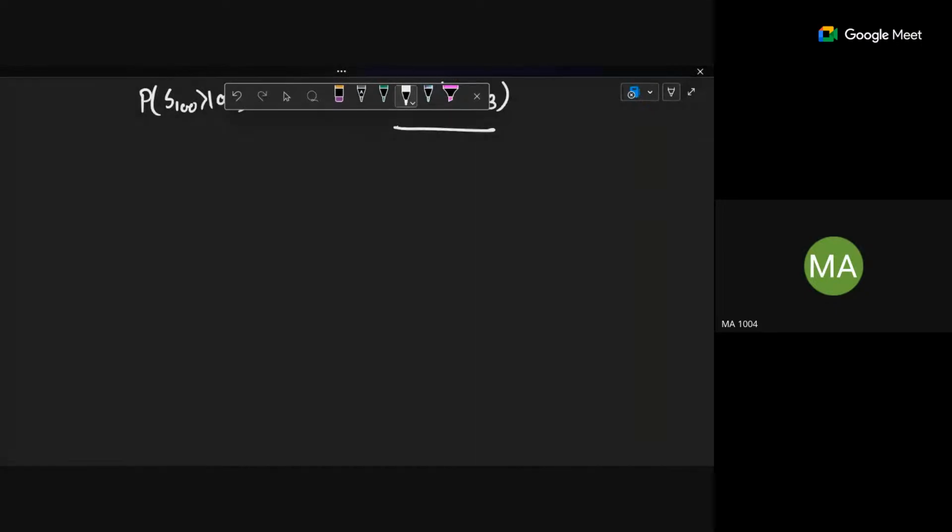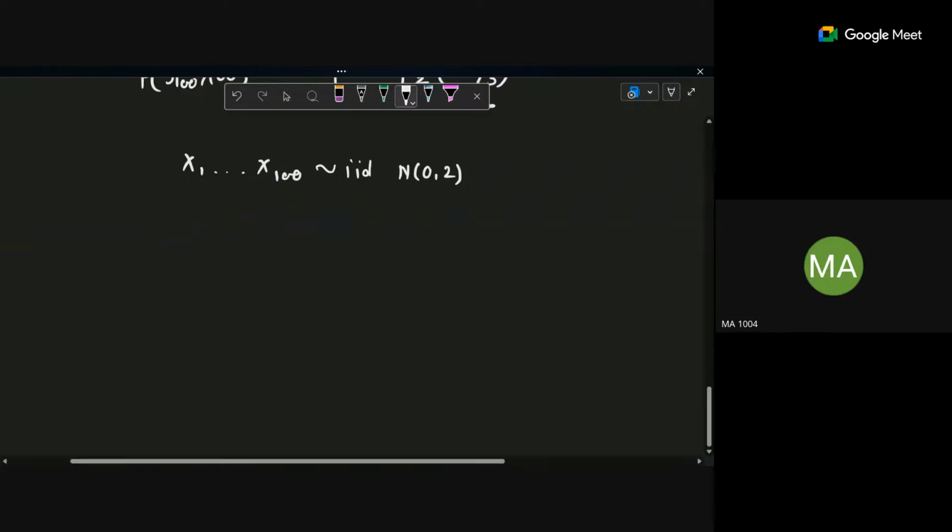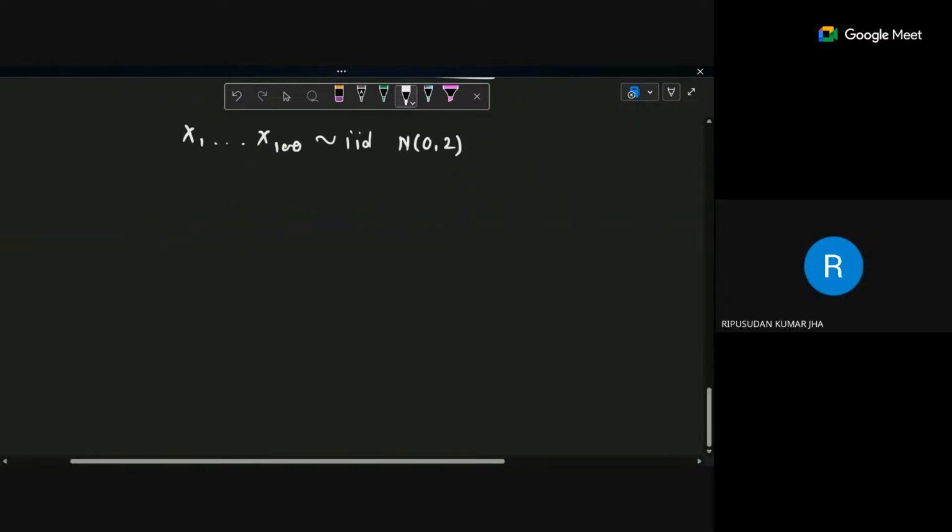So here, what was the challenge in this question? There are 100 random variables, and they all are IIDs, and the distribution is also given: normal with mean 0 and variance 2. Expectation will be 200. Expectation of what? Y means the summation of xi square.